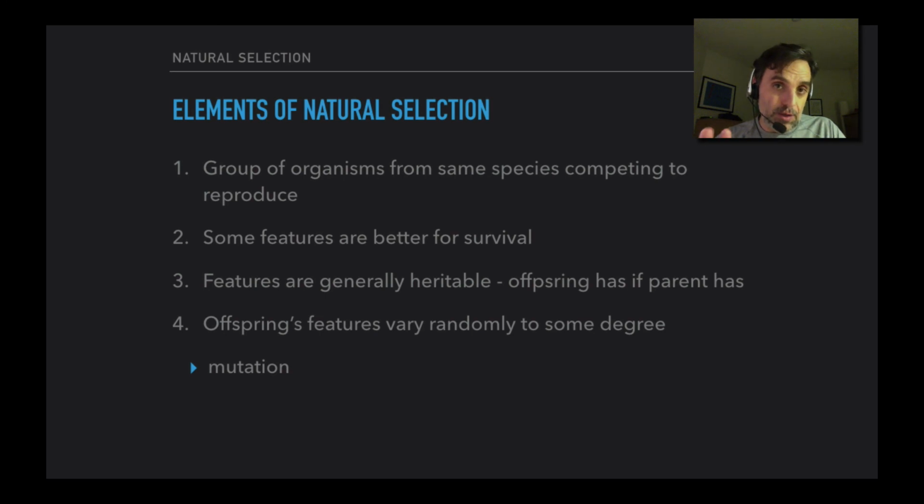When we have these four conditions, you have evolution, you have change over time. So not only will features that are already in the population, the fitness-enhancing features, spread throughout the population, but because there are mutations, new fitness-enhancing features will also spread throughout the population. And so over successive generations, the organism can change fairly dramatically.